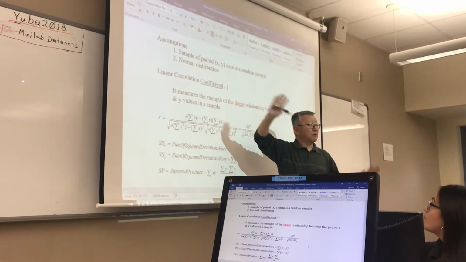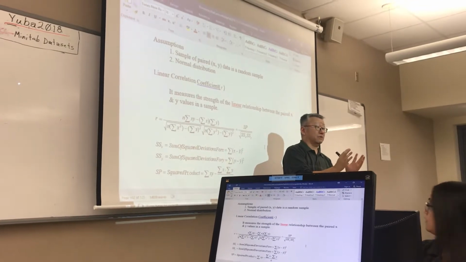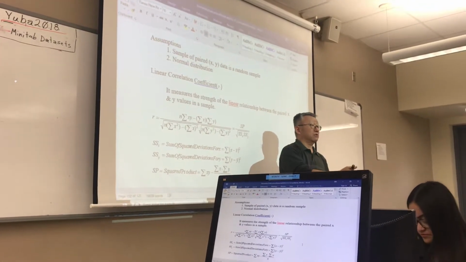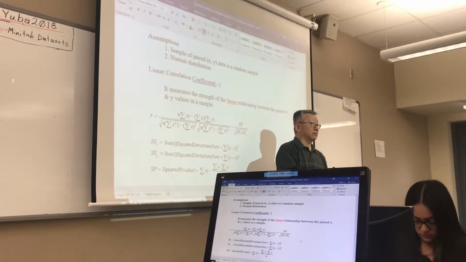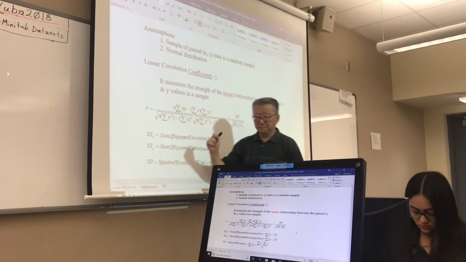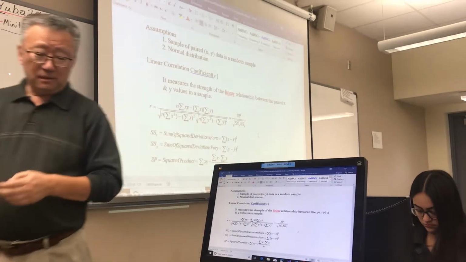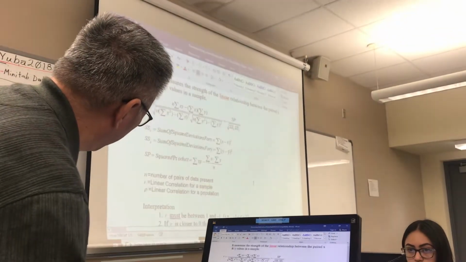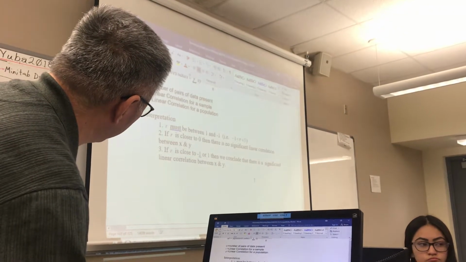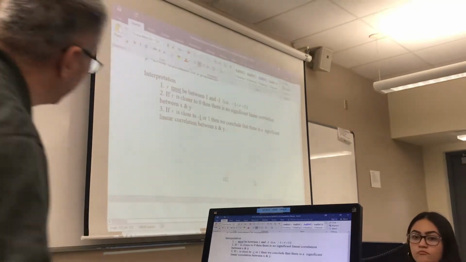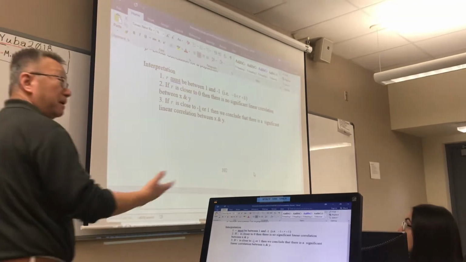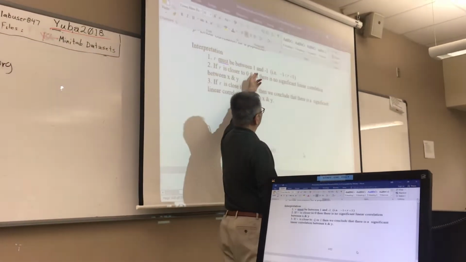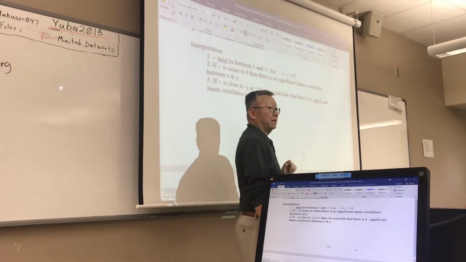And we're going to find the linear coefficient, and it's going to tell us whether there's a relationship or not between these two variables. Once we find it, we have to understand what that means. The linear coefficient is going to be between 1 and negative 1.